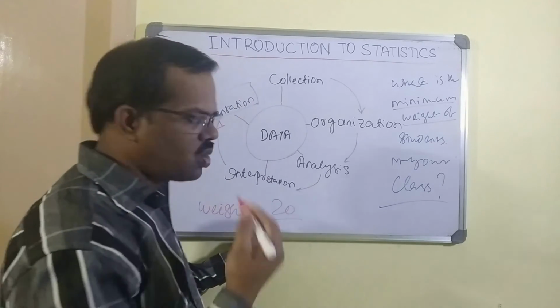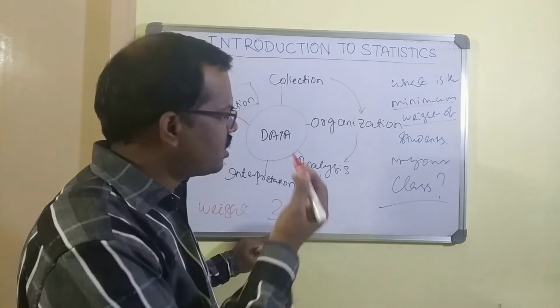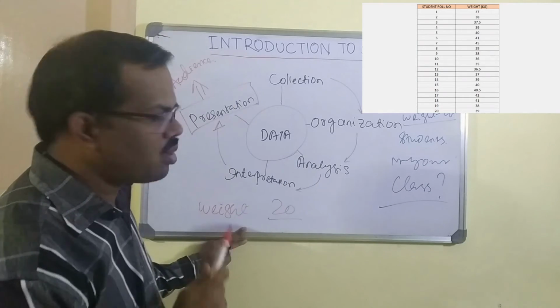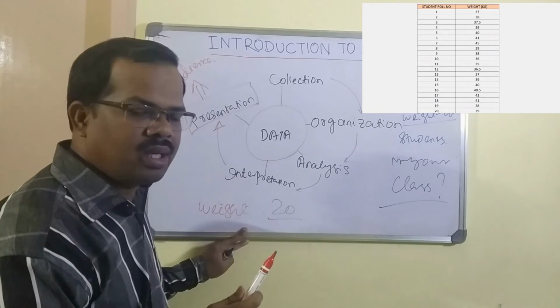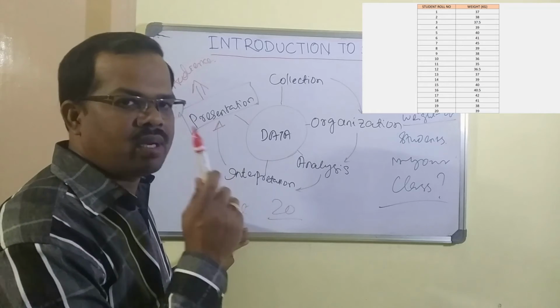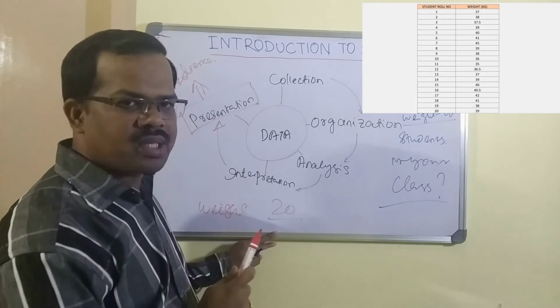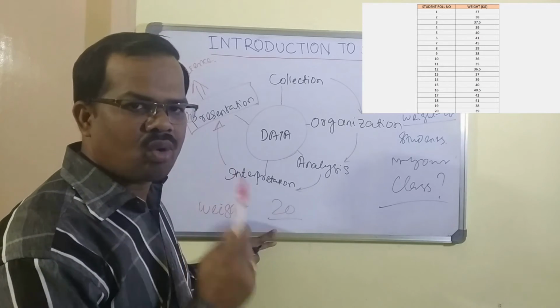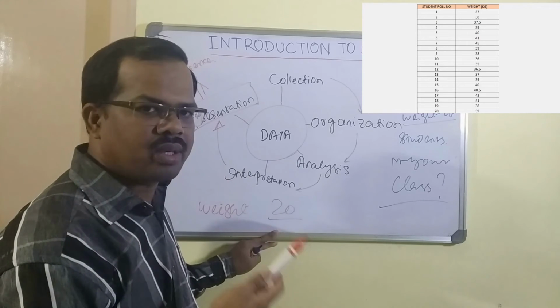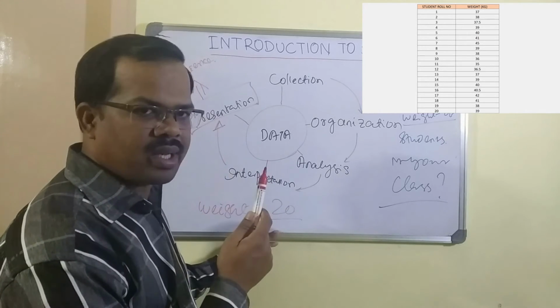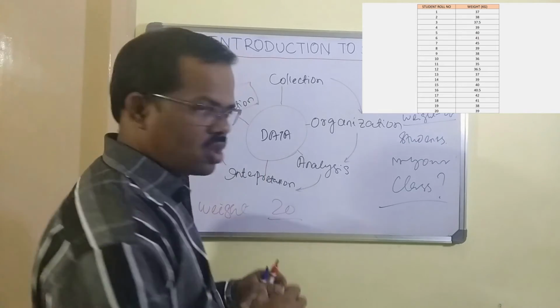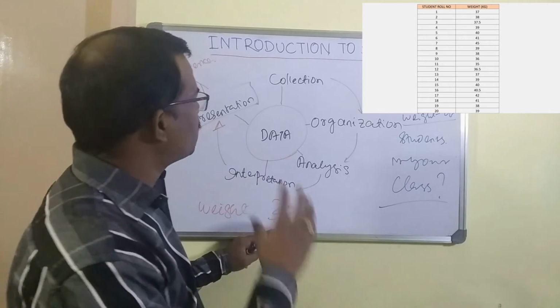Now 20 students will have different weights. You can see here that we have collected the weights of 20 students in the class. So what you can see is that there is a student roll number and against it the weight is mentioned, right? So this page is called the collection page.